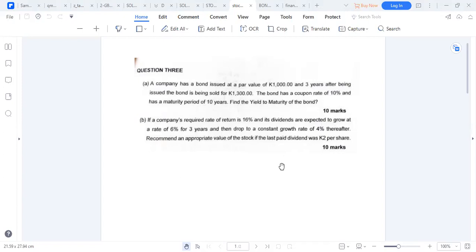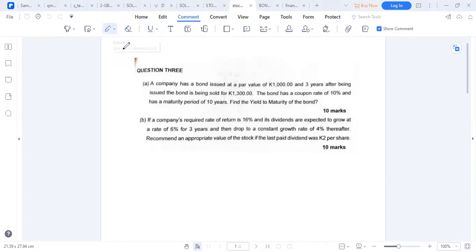So what are we given in this question? Can you identify 3 things? What are we given? The market value, and the face value. Right. The maturity value is how much? 1,000. The value of the bond is 1,300. Yes. What else?